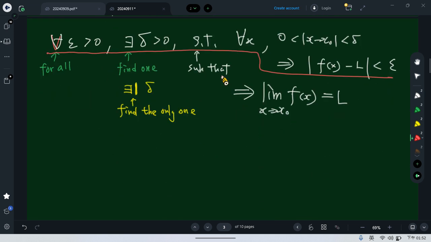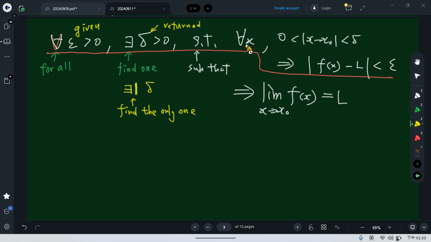So finally, you can see only 4 steps. For all epsilon, let me just emphasize it again. I give you epsilon. Then you can return me a delta.